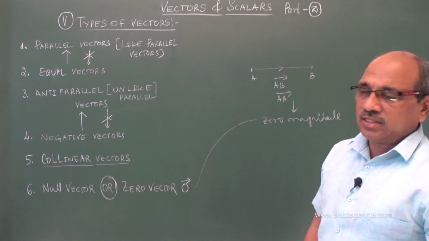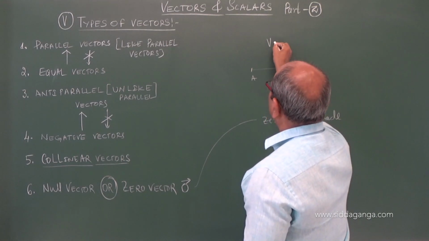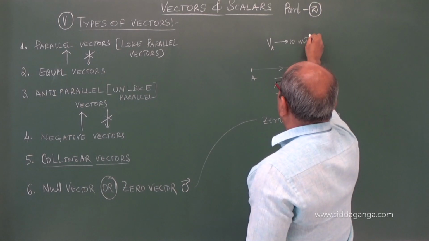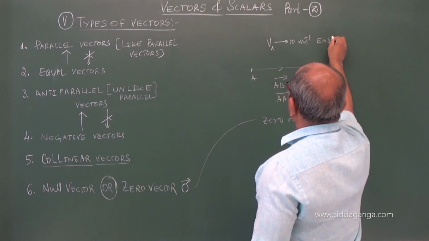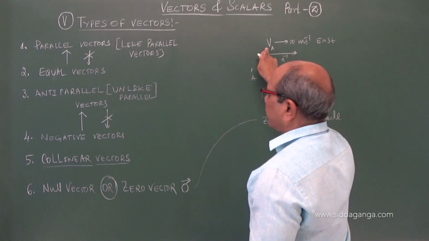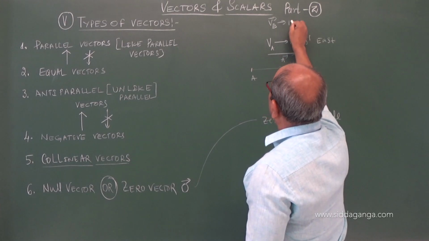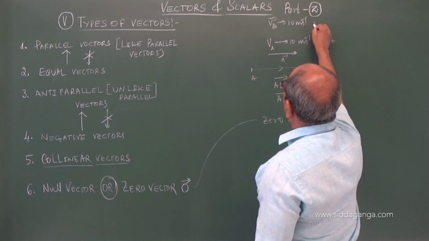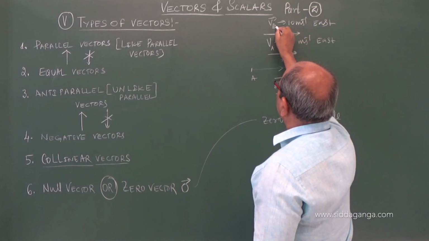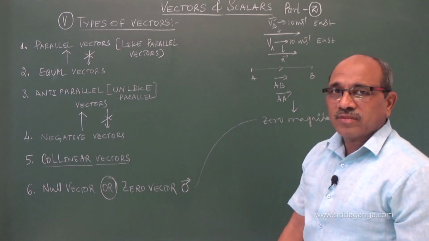For example, if two bodies are moving, body A is moving with velocity 10 meter per second along east. So it is a vector, VA. Another, vector B, velocity again 10 meter per second along east. This is the vector corresponding to that. This is the vector corresponding to this.